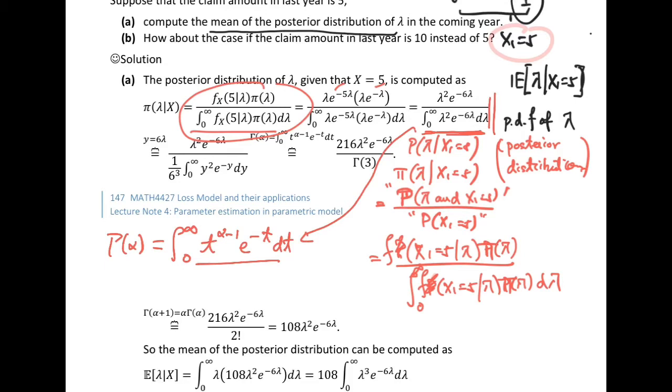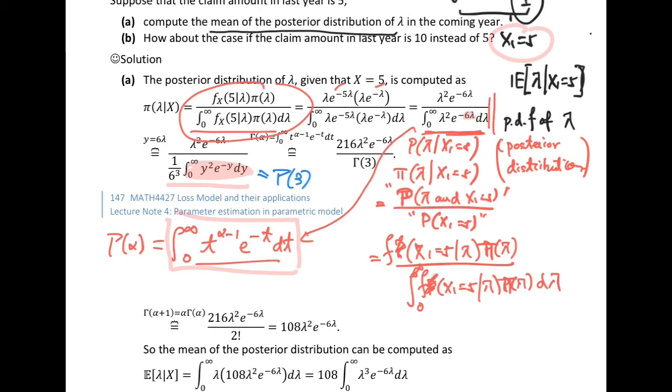To do that, I let 6 lambda be a single variable, call it y. By applying this change of variable, you can transform the integral into a form like that, similar to this. Given this, the integral equals gamma 3 by definition.